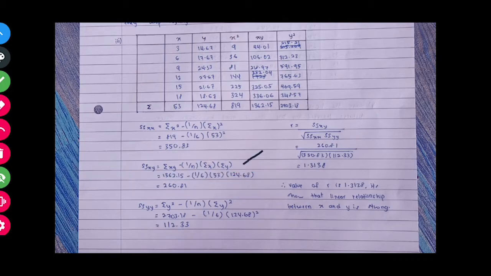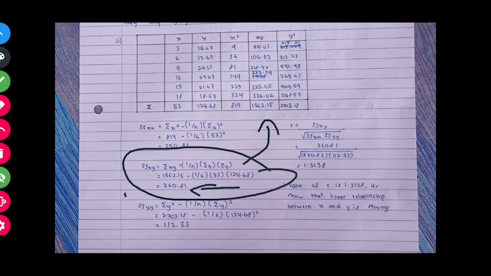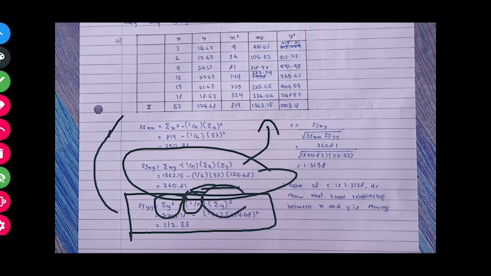So take the data from the table and get the value. It's the same thing for the SSyy data: sum y square minus 1 over n sum y, square. So take the data from the table and then get the value.